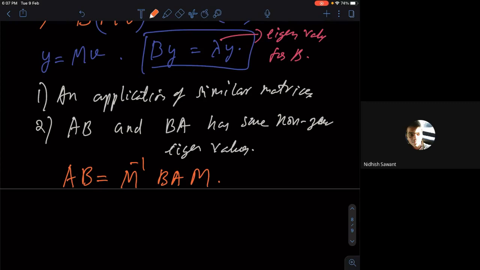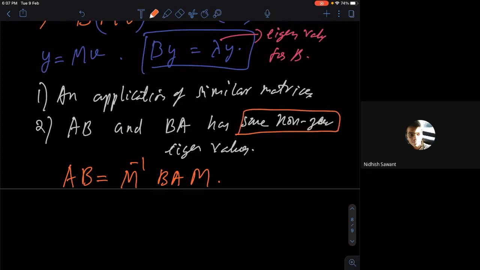Yes, sir. Since B is similar to A, so... No, I am not saying that B and A are similar. I'm just saying that AB and BA are similar. Any AB and BA, n cross n matrices, they are similar. Right now we will just talk about n cross n matrices.